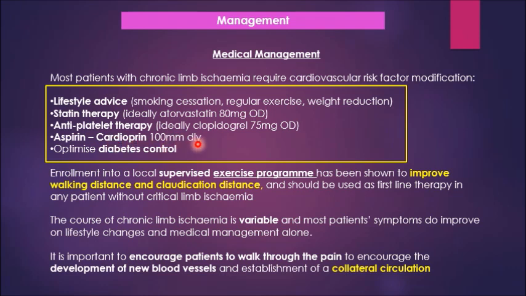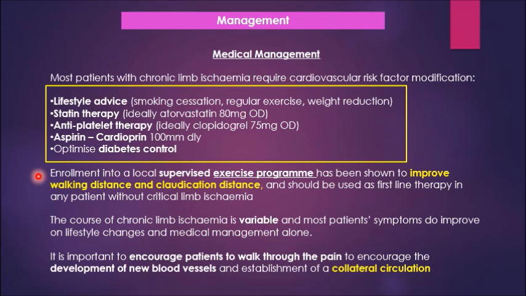And very important for you to optimize the control of your diabetes. Very, very important. If the patient is diabetic and hypertensive, this must be controlled. And this patient should always be enrolled in some form of exercise program to improve their walking distance and claudication distance.